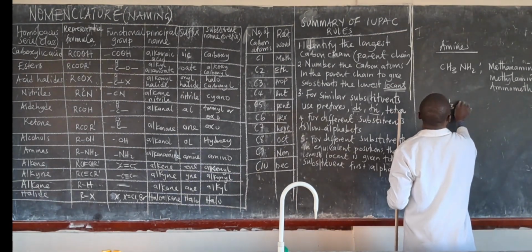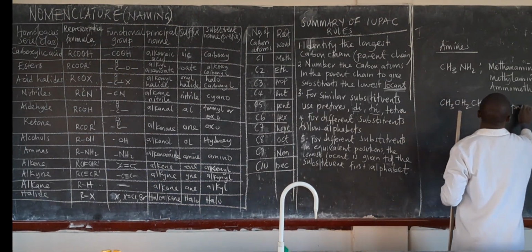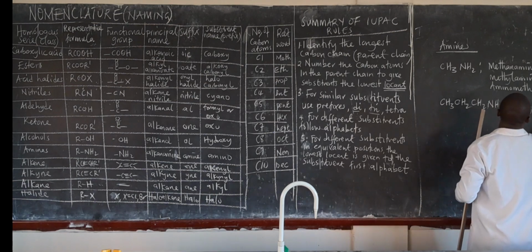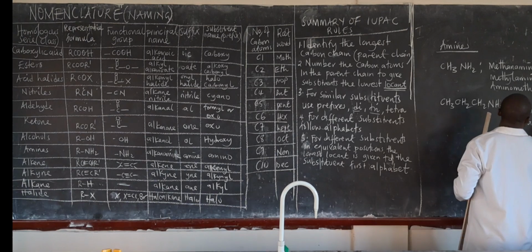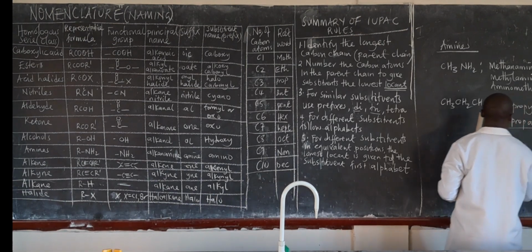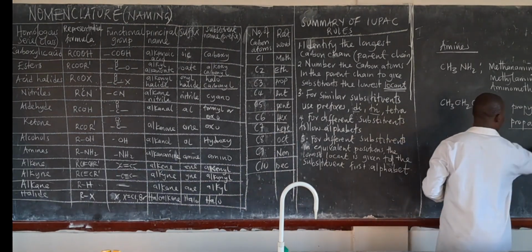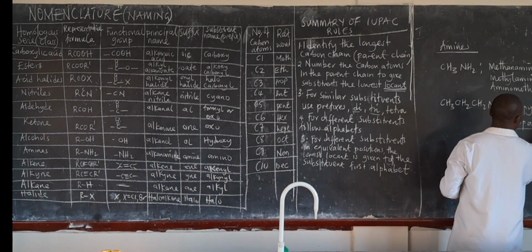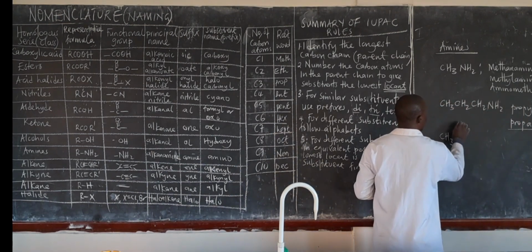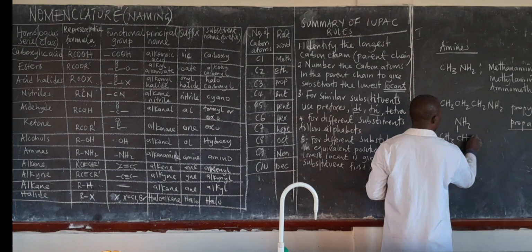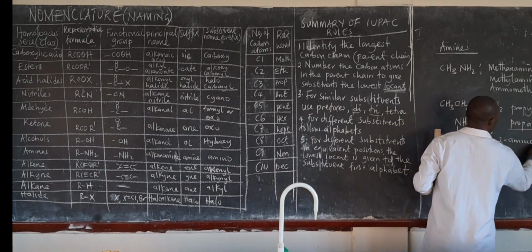Now if you had such a chain, of course you'd call it propylamine, or you'd call it propanamine, but when you use this kind of naming, you should fix the position of the amino group. So this would be propan-1-amine. If you add such, this one would be 2-amino propane.